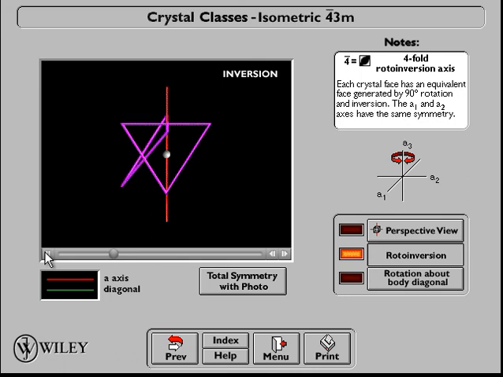We are starting with a 90-degree rotation, followed by the inversion, again followed by the 90-degree rotation, and then again the inversion through the center of symmetry, 90-degree rotation, followed by the inversion.